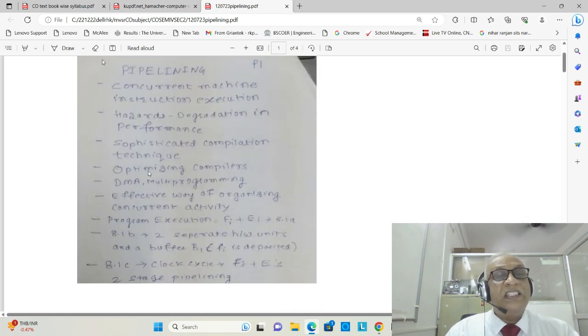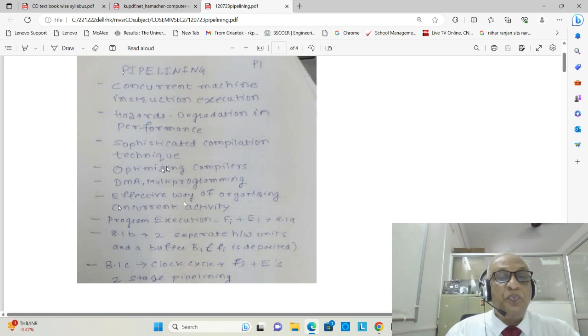Now, what exactly is pipelining then? Pipelining is organizing the hardware and the execution units in such an effective way that concurrent activity of instruction execution steps like fetch, decode, execute, write occurs.